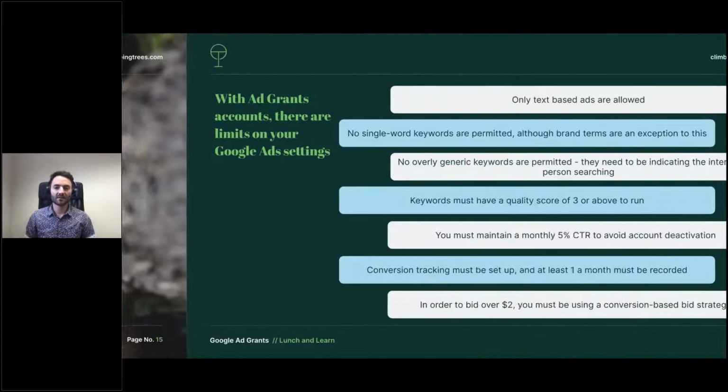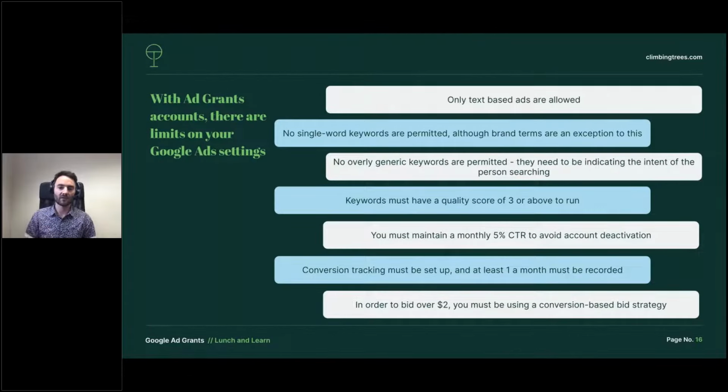So some guidelines for staying eligible within the account. There's a host of rules that you have to follow in order to work within an ad grants account, which differ from a paid account where, within reason, Google doesn't mind too much what you do. So within the ad grants account, you have a selection of rules.